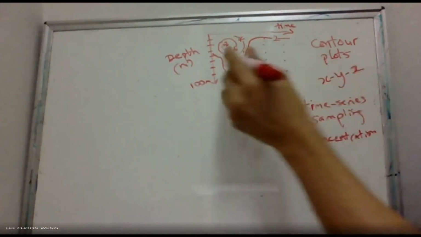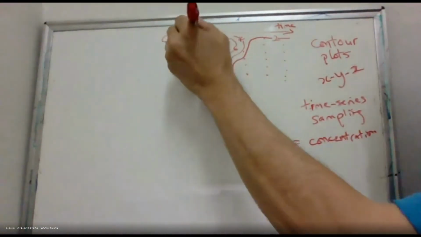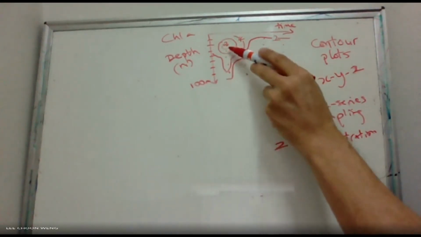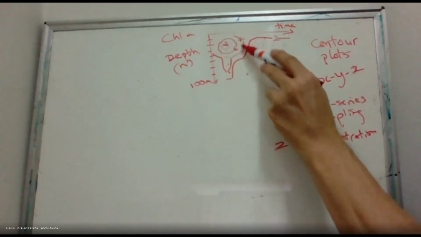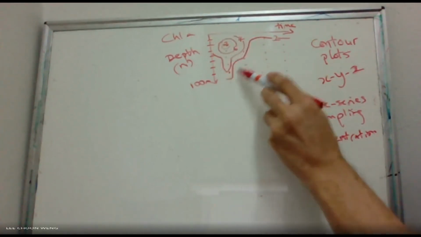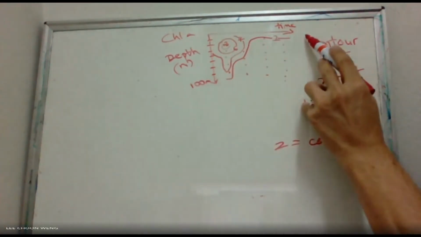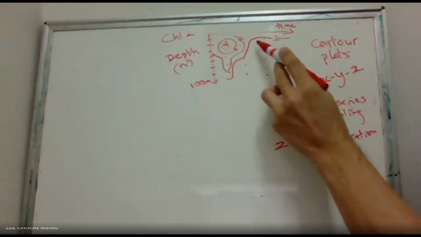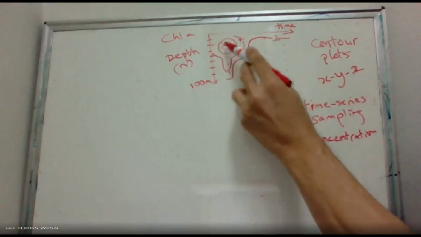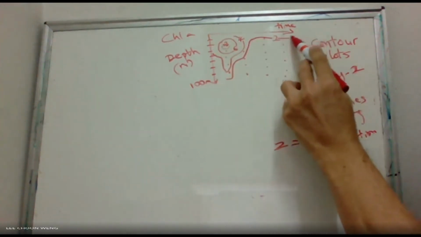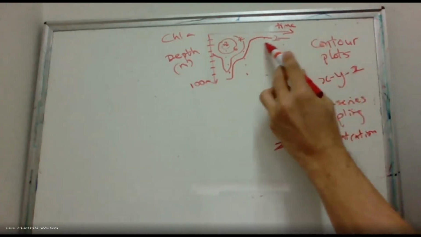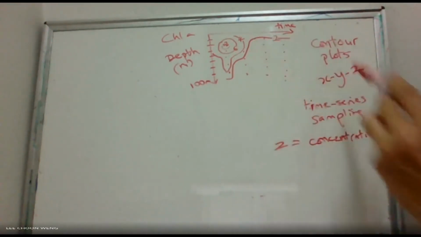So if this is a contour plot for chlorophyll A, that means here there is a high concentration of chlorophyll A that decreases over time. Okay, and after this phenomenon, you only see the higher chlorophyll A at the surface area.